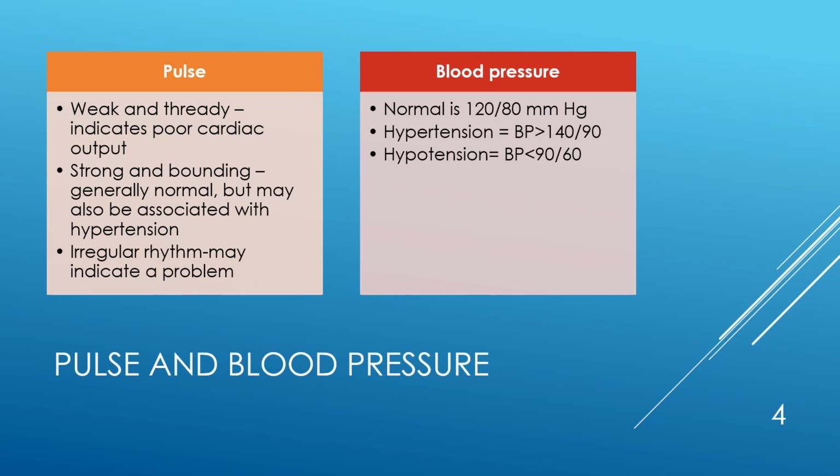So in other words, some of the questions will talk about a weak and thready pulse, and they might give you a blood pressure that's hypotensive. They may also talk to you about someone with a strong and bounding pulse, which typically could be normal, but could also be associated with hypertension. So you should know some of these buzzwords. They like using these words on the exam, and you should know normal values.